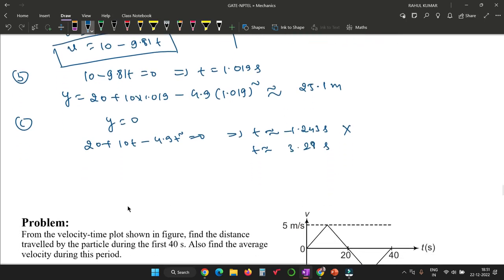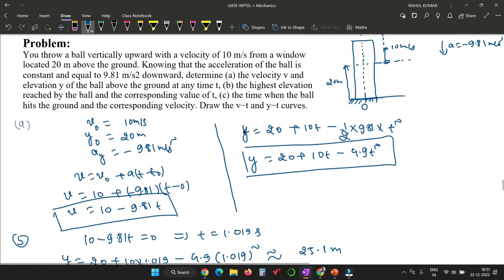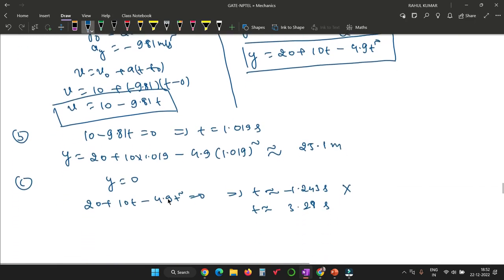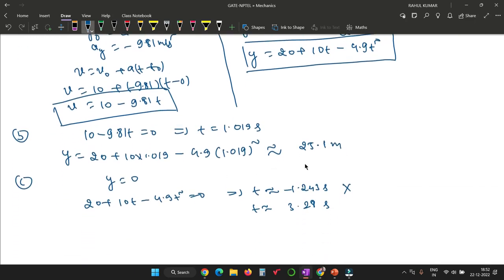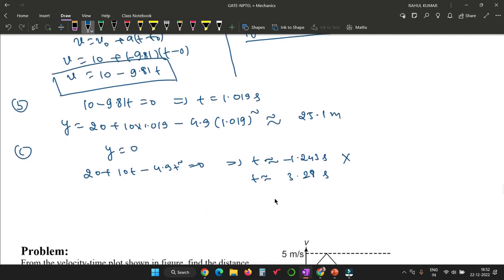Am I right or not? The C part is the time when the ball hits the ground. When the ball hits the ground, the displacement will become 0, so that's why I have substituted y as 0. After that, you get the value of t.